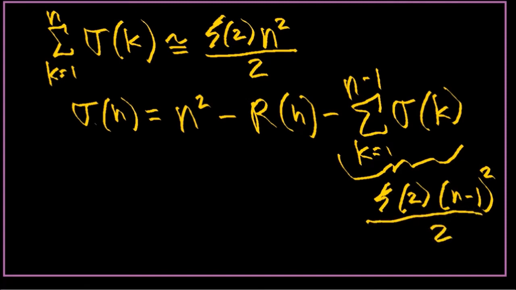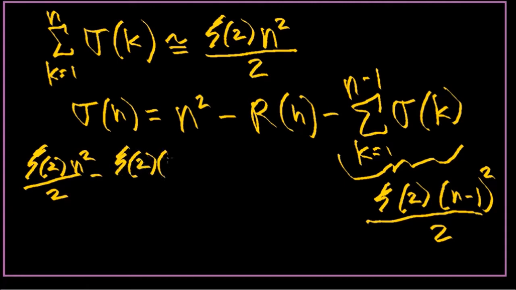We can do something similar here: sigma n is going to be zeta 2 n squared over 2 minus zeta 2 times n minus 1 squared over 2. We're talking all average order here. And then let's bring this over to this side, so we're going to be adding it, and we can see that that just cancels with that.